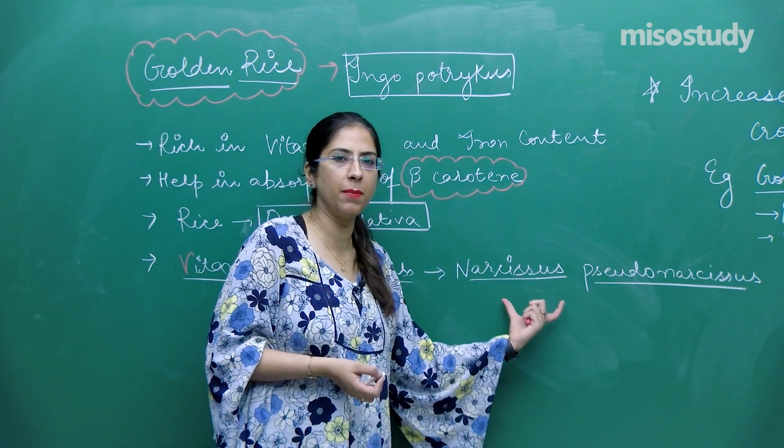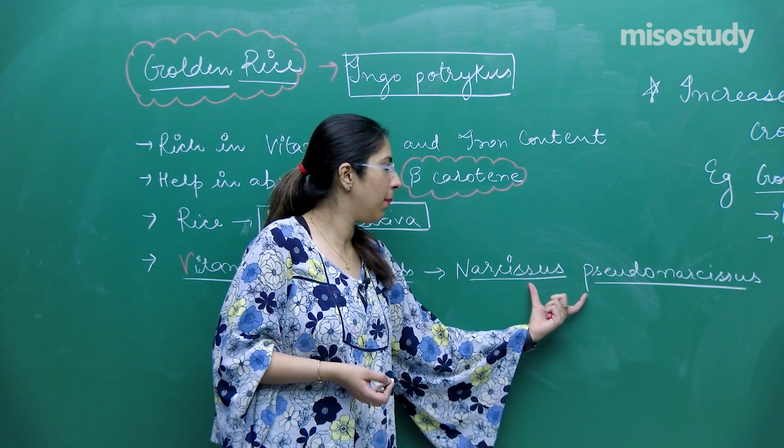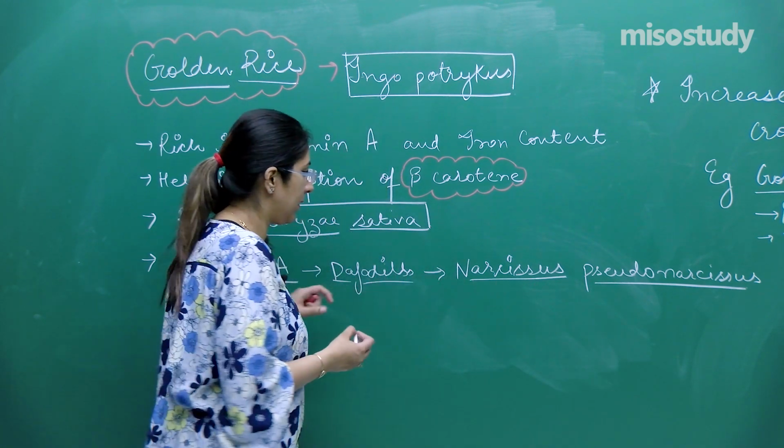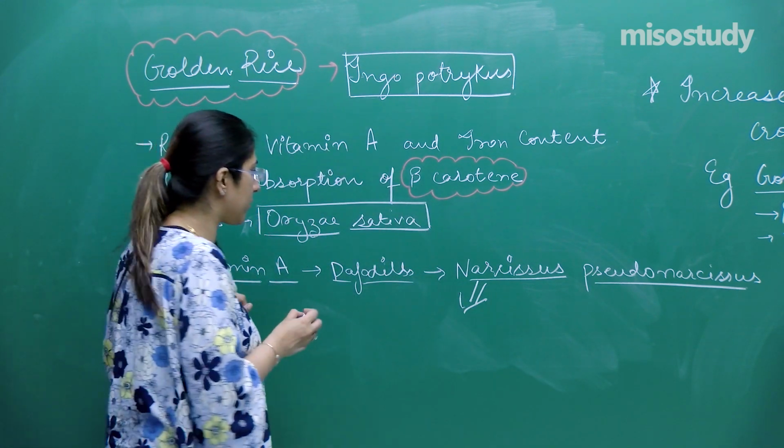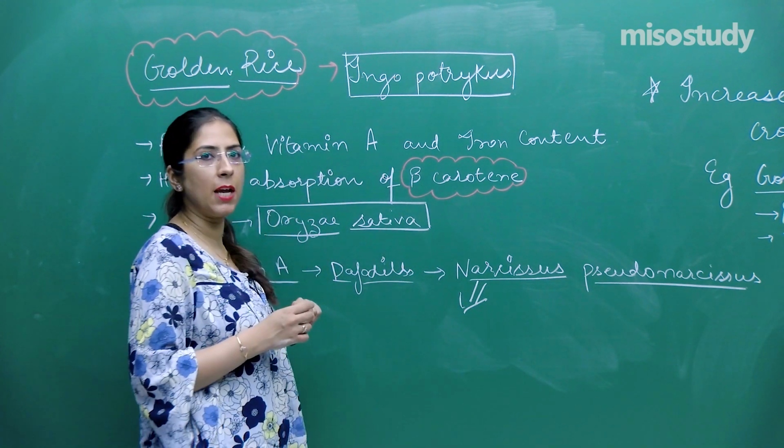The gene for vitamin A from this particular plant was extracted, and they have used one vector, that was Agrobacterium, or you can say the Ti plasmid.